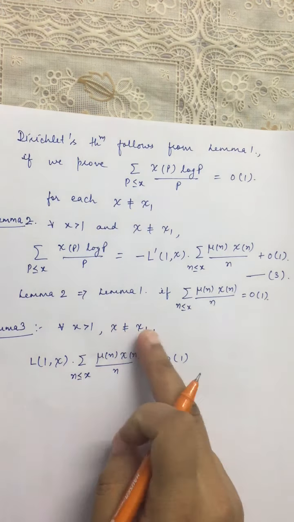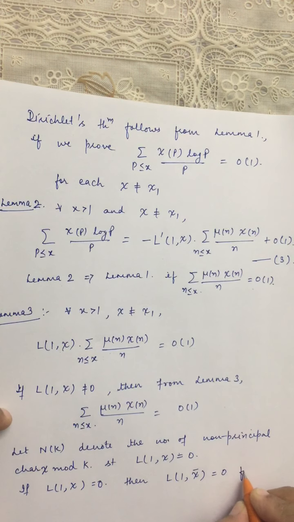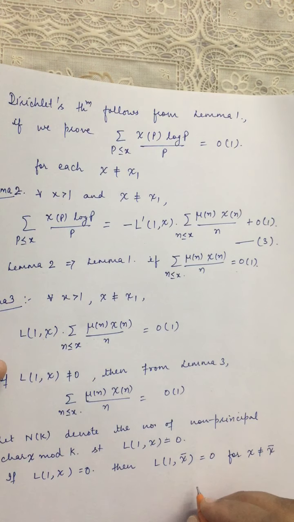Now we know if L(1, chi) is 0, then L(1, chi bar) is also 0, because L(1, chi) is the sum of the series summation chi(n) upon n. Now if summation chi(n) upon n is 0, then summation chi bar(n) upon n is also 0. So if L(1, chi) is 0, then L(1, chi bar) is 0, where chi bar is the conjugate of chi. And we know chi and chi bar are not equal whenever chi is not real.